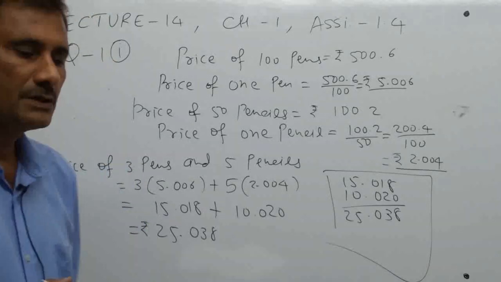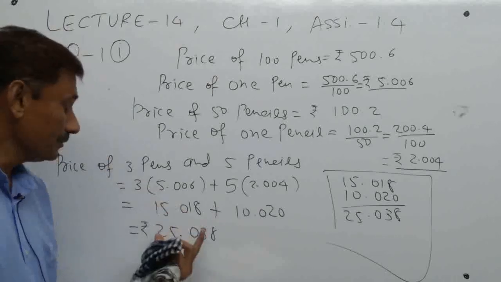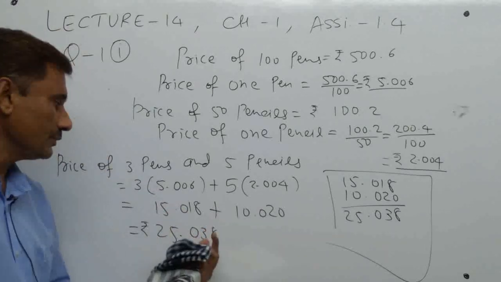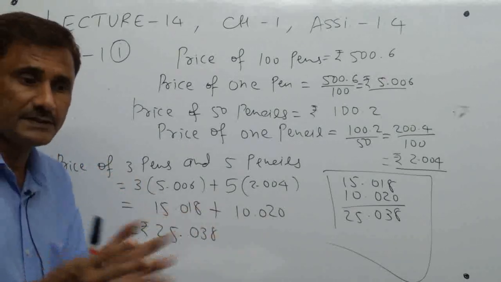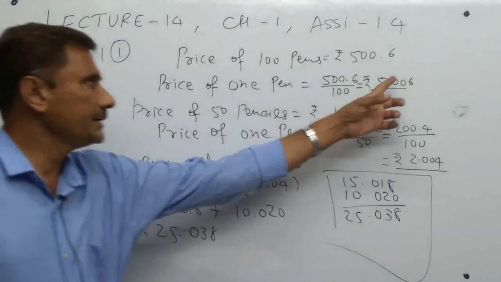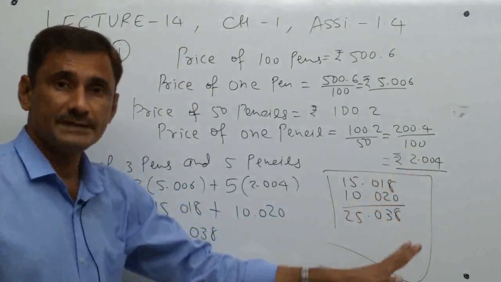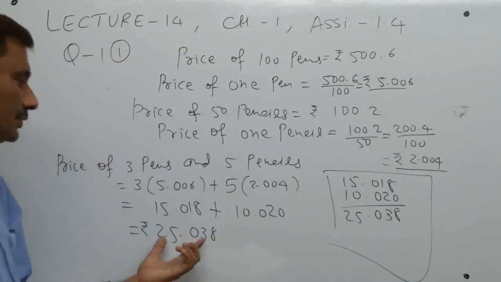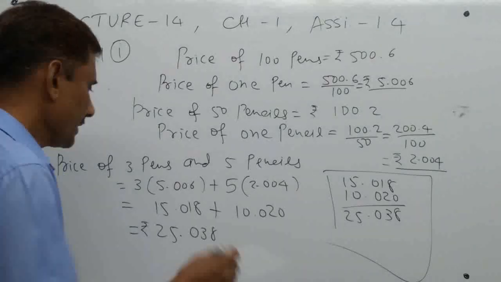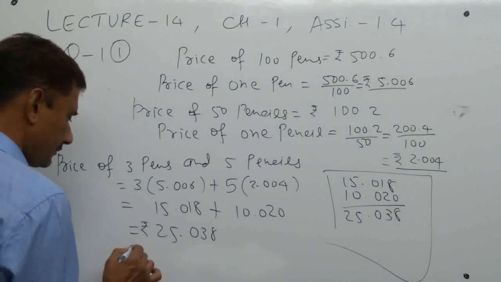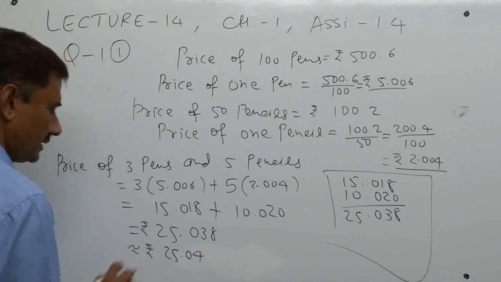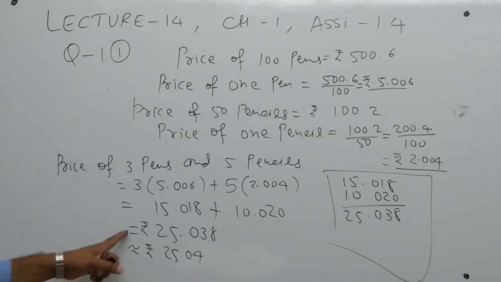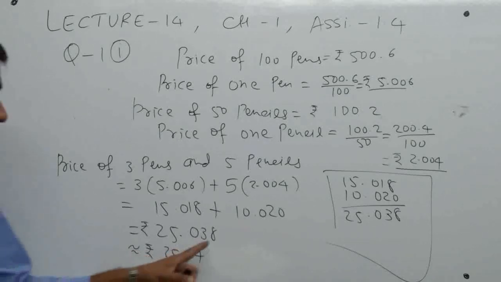But you know rupees are mostly counted up to 2 decimal places. We counted everywhere in 3 because for an exact answer you have to write exactly whatever the price is. Now you can convert this into rupees 25.04. Why? I explain it. First of all, I make an approximately equal sign here, approximate because I am going to round up.